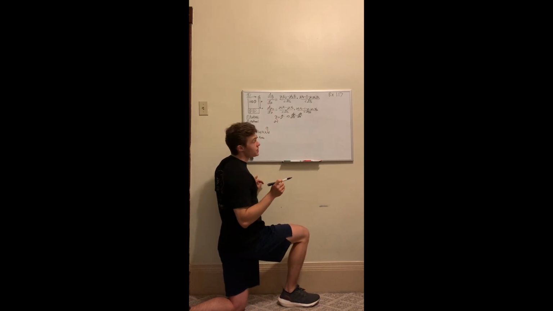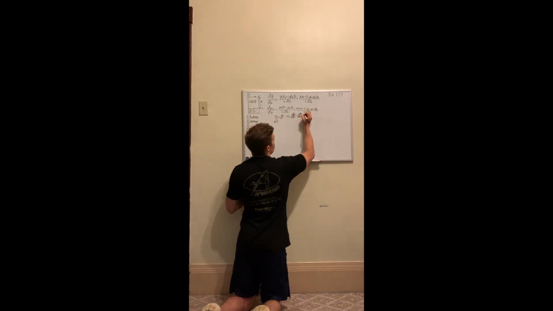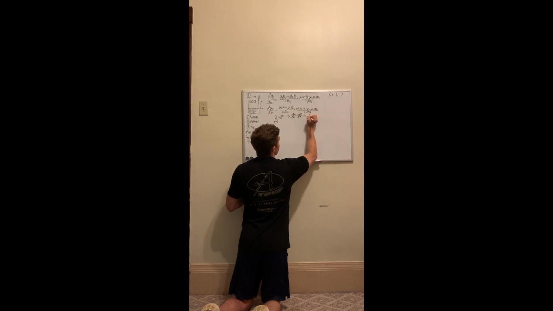A nice relationship we can see is, since we know eta is z over delta, we can take the derivative and our z components will cancel out. So this gives us 1 over delta times the change in molar concentration over the change in eta.